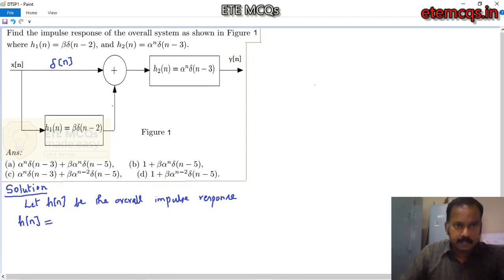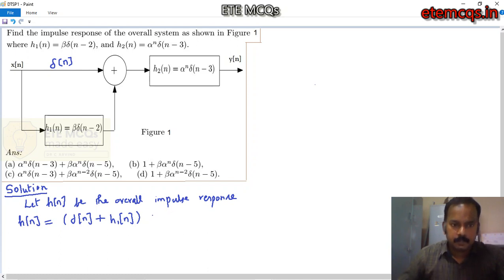So I can just take the first system to be the sum of del of n plus h1 of n. So this is the first subsystem we have, which is nothing but the sum of del of n and h1 of n. This part is in cascade, or in series, with h2 of n.